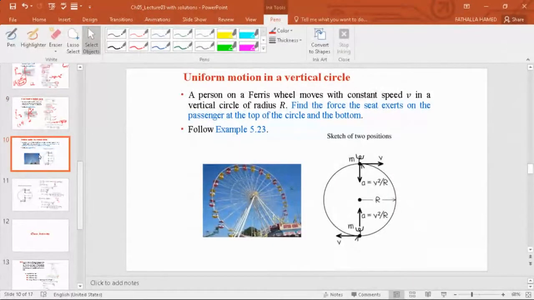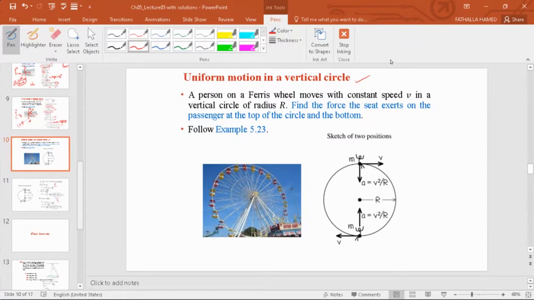Now let's look at uniform circular motion in a vertical circle, and that could be many cases, like an airplane, a pilot doing a loop, a roller coaster, like what you have here. So what happens in this case? You're always in a seat.